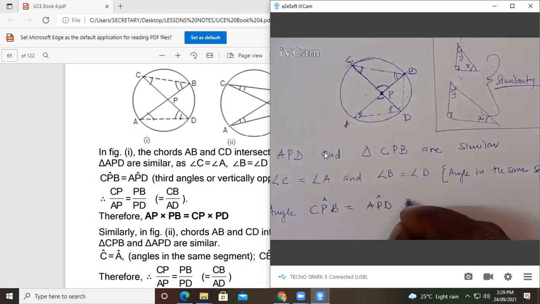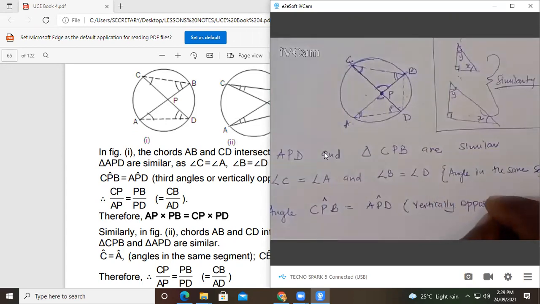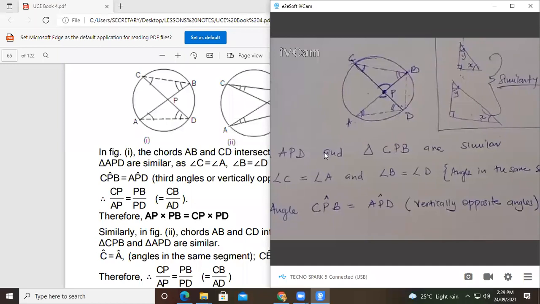And those angles are equal, and we call these ones vertically opposite angles. That's the property that makes them equal to one another.